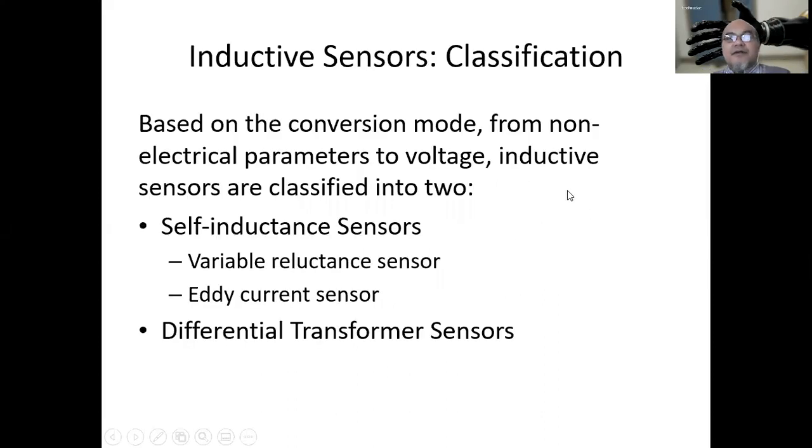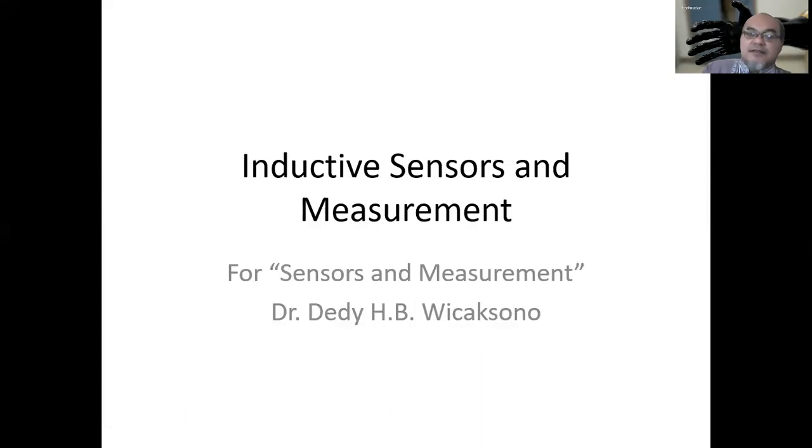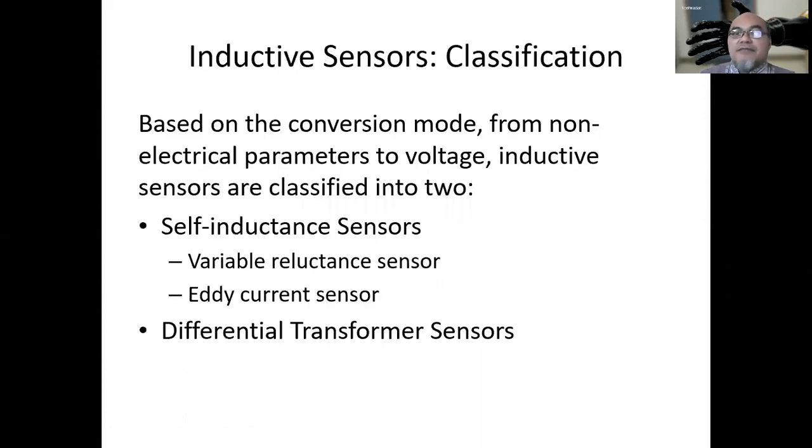Okay. Based on the conversion mode, that is how the inductive sensor changes non-electrical parameters to voltage, we can classify inductive sensors into two types. The first one is the self-inductance sensor.